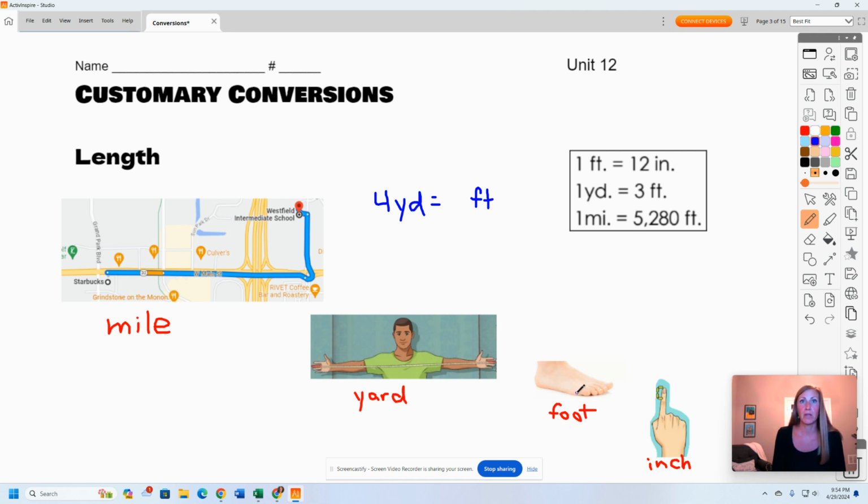So yards is bigger than a foot. So if it's starting big, it needs to get big, right? Getting big is multiplying, but it's not just a 10 this time like in metric. So we have to go over here and look at our conversions, yards to feet. So that conversion is using a 3. So 4 times 3, easy, that's 12 feet.